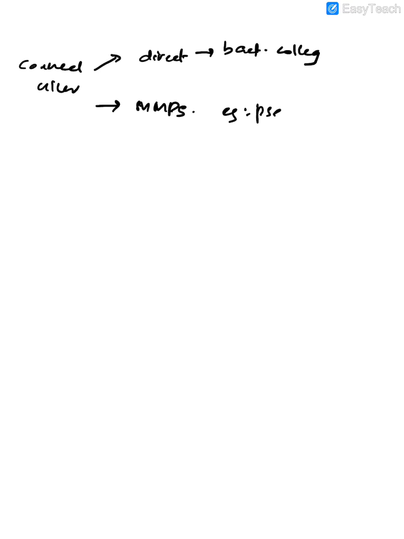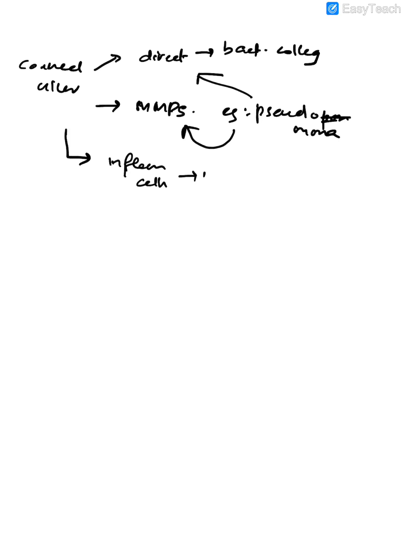An example is Pseudomonas, which has both of these actions, that is, it can have a direct action on the tissue and it can also activate MMPs. And of course, the inflammatory cells produce proteases which degrade the tissue.